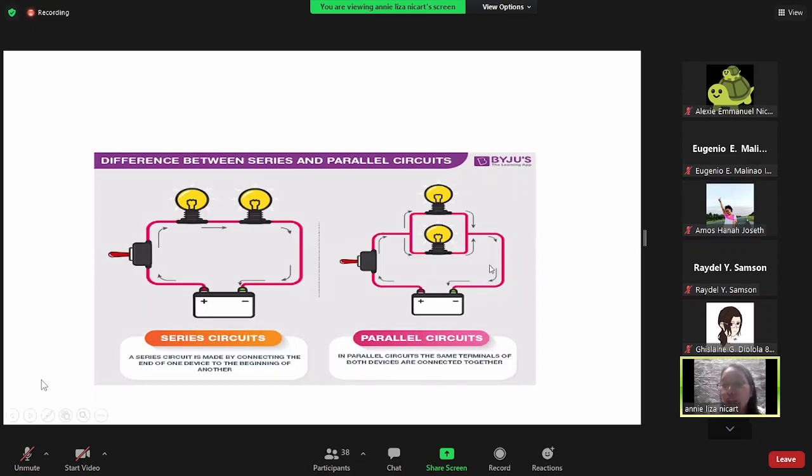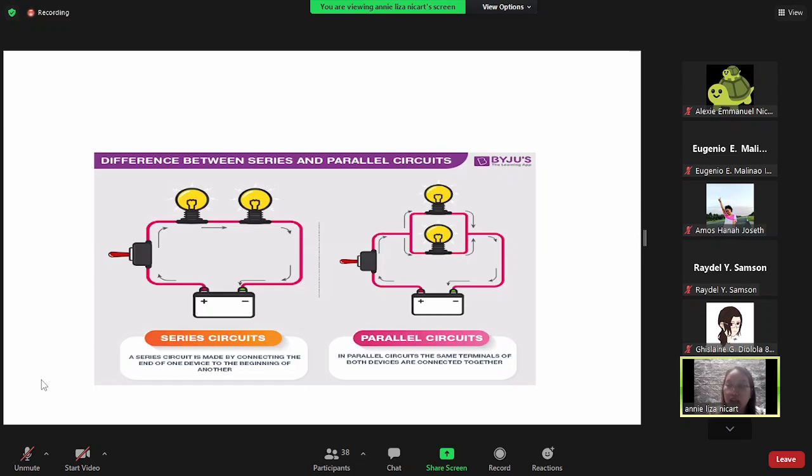If we are going to connect them in parallel, the overall resistance of that circuit would be 1 over RT equals 1 over R1 plus 1 over R2. Meaning, 1 over RT equals 1 over 10 ohms plus 1 over 5 ohms.